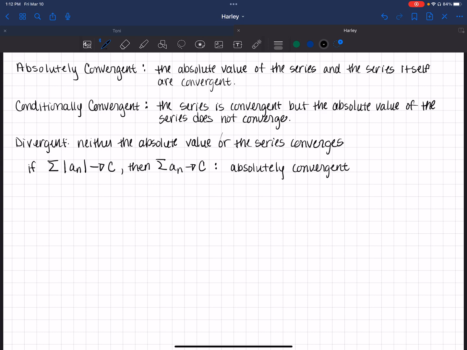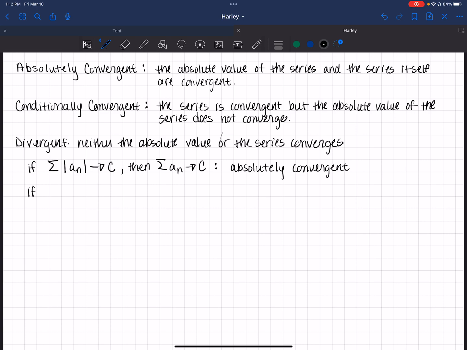Now, if the absolute value of the series diverges, that doesn't mean the whole series is divergent. That just means it's not absolutely convergent. It could still be conditionally convergent.